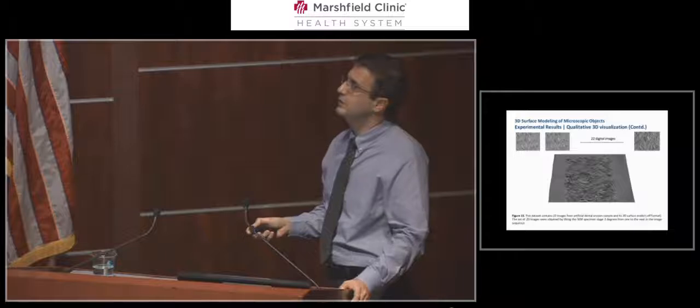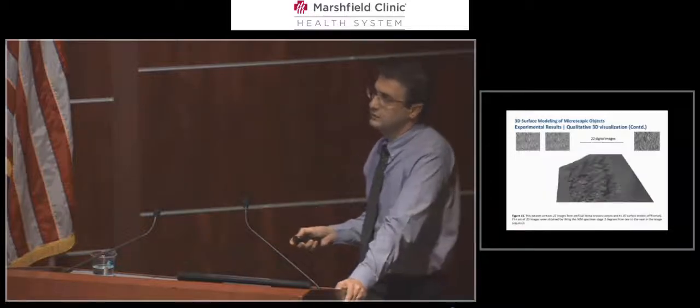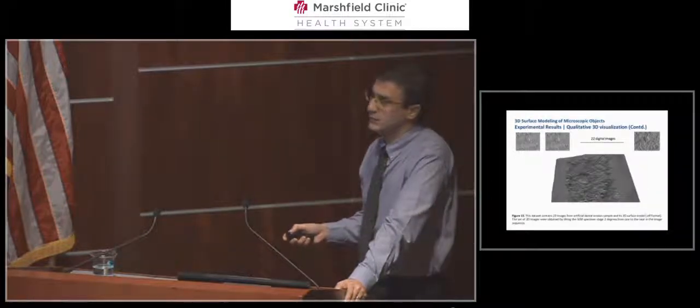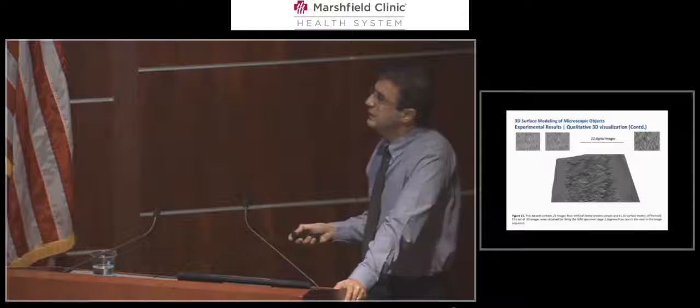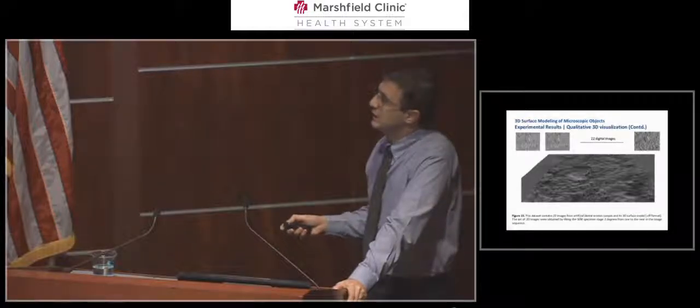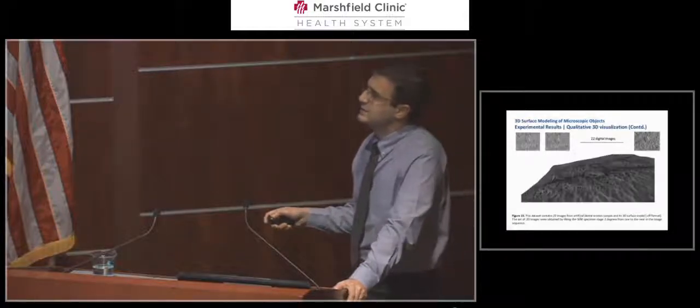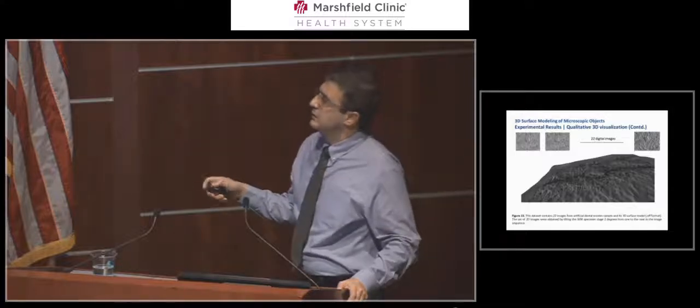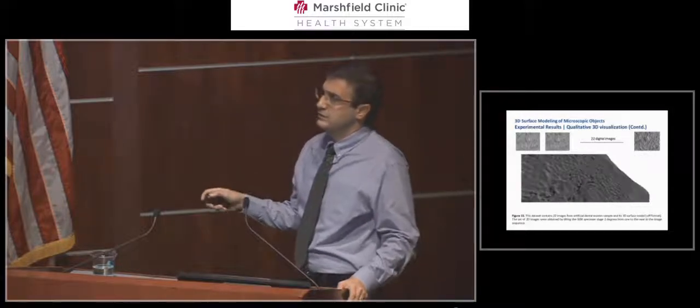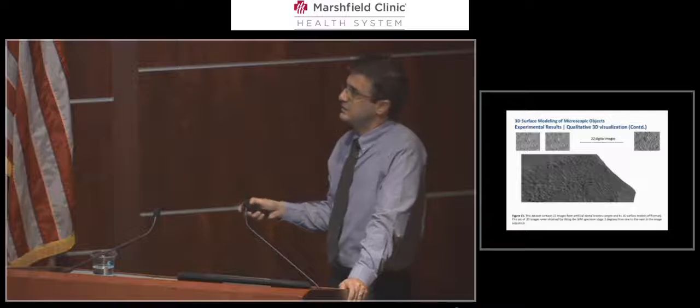And in this example, you will see qualitative 3D visualization for an artificial dental erosion sample, with the sample stage tilting by 2 degrees from one image to the next in the sequence.